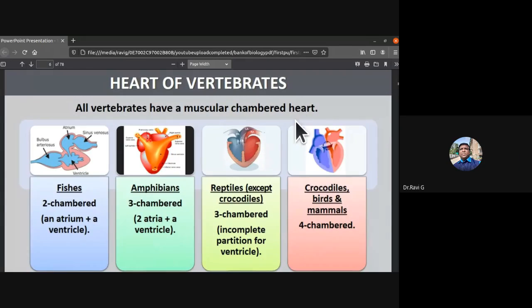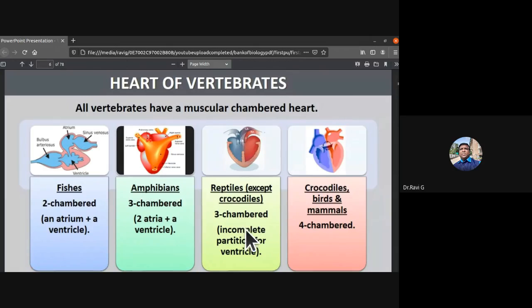Now the heart of vertebrates. Fishes have a two-chambered heart. Amphibians have a three-chambered heart, two atria and a ventricle. Reptiles, except crocodiles, are all three-chambered.